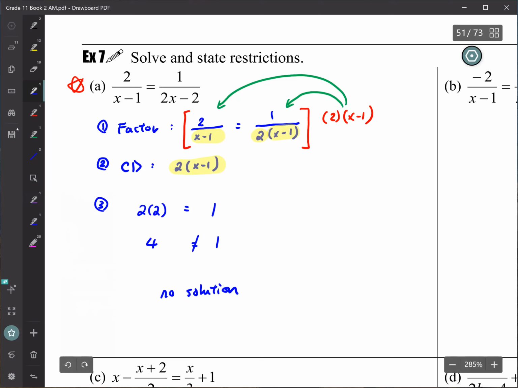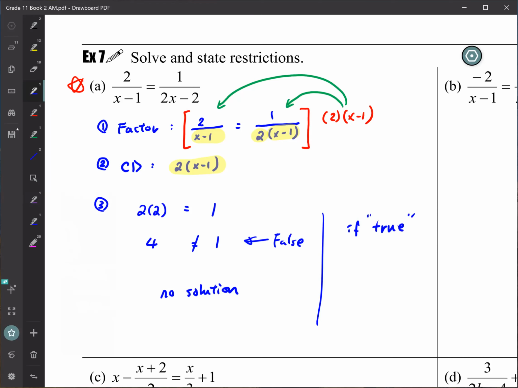But what if the left side and right side are equal? Let's say you end up with 4 equal to 4. So that's true, right? This one is false, right? False means no solution. If it's true, if you get both sides the same number, then you say infinite solutions.